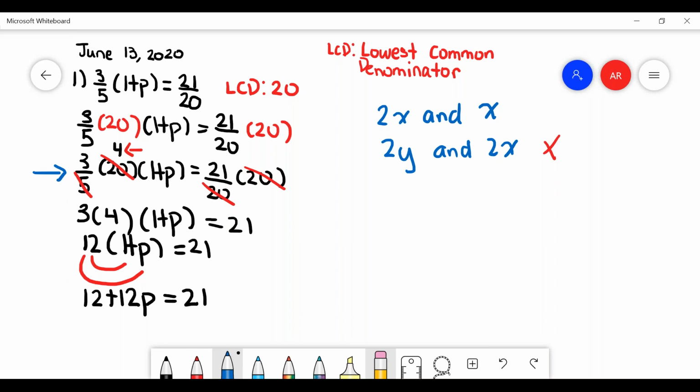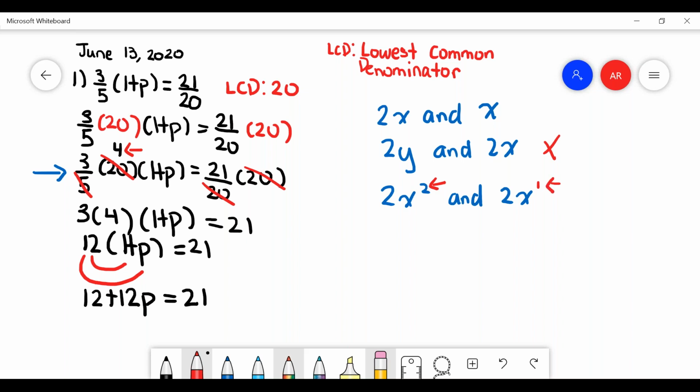So if you had 2x squared and 2x, although 2x squared and 2x are both in terms of the variable x, these are not considered like terms, as they do not contain the same degree. As you can see, 2x squared contains a degree or exponent on the x of 2, and 2x contains the exponent of 1 on the x.